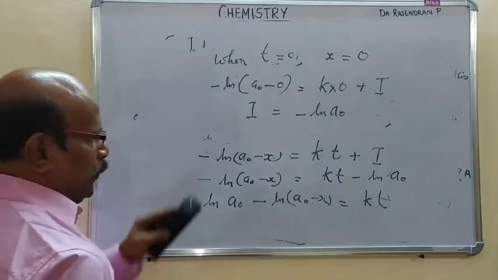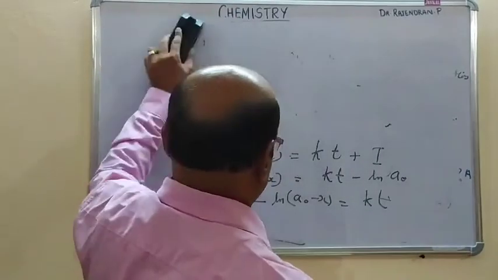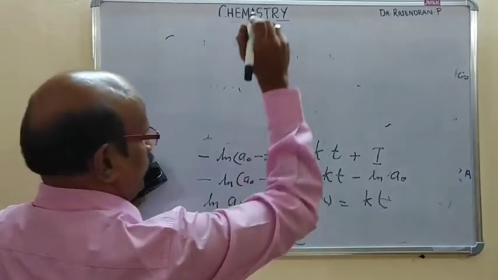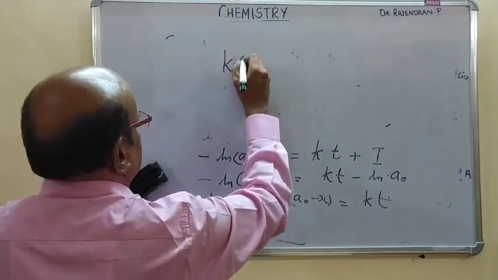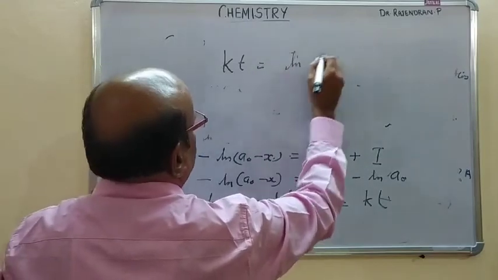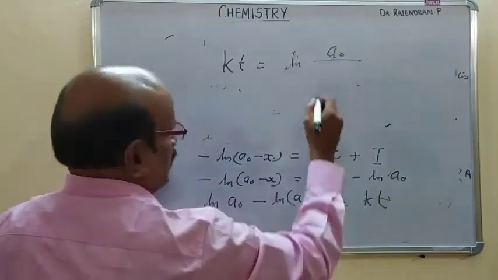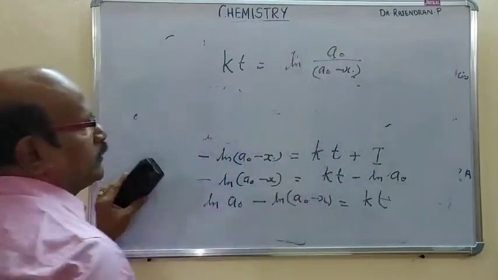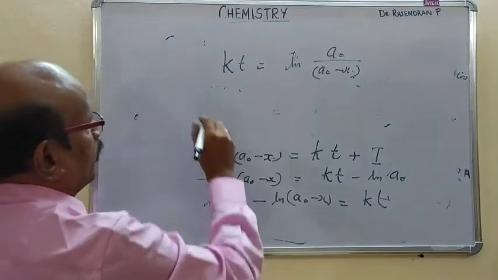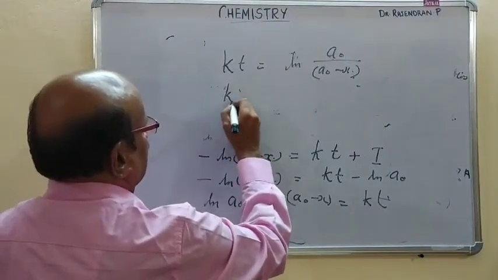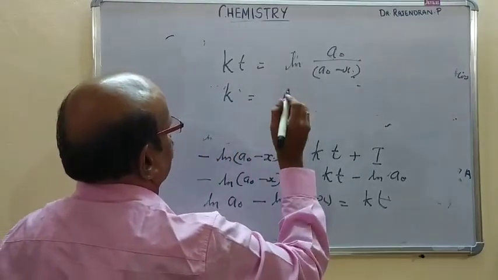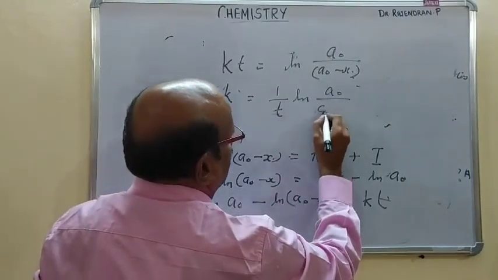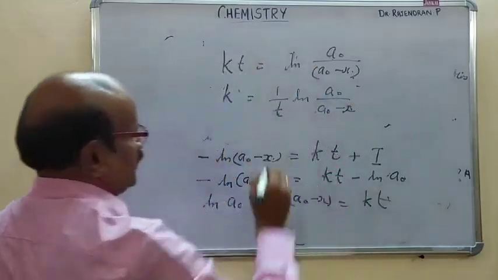The difference of logarithm terms, as all of you know, is a division. So we have kt is equal to ln A0 by A0 minus X, or k is equal to 1 by t ln A0 by A0 minus X.